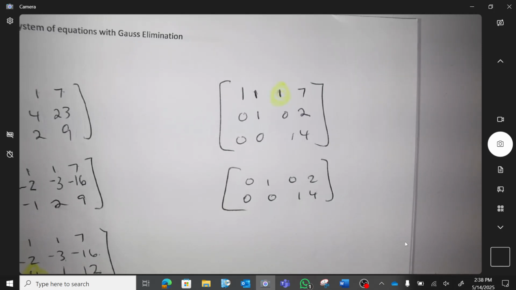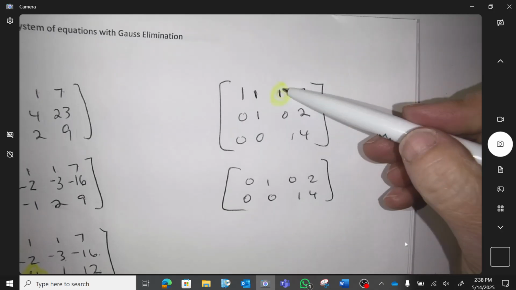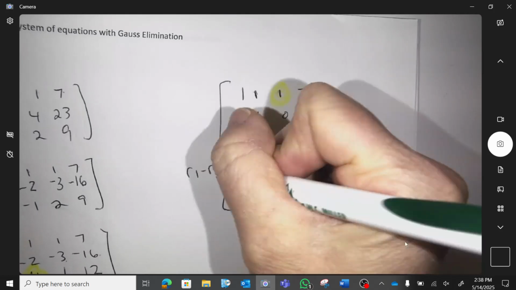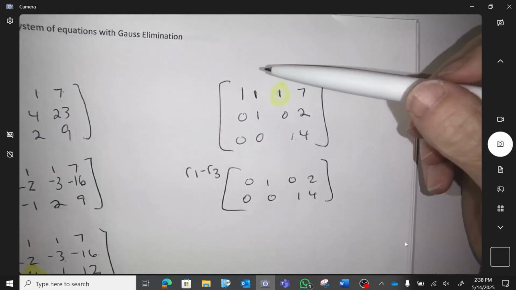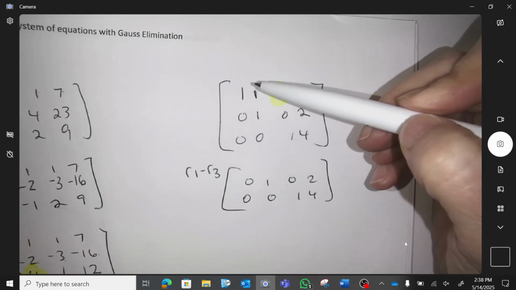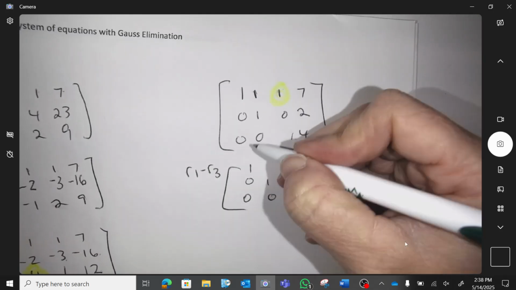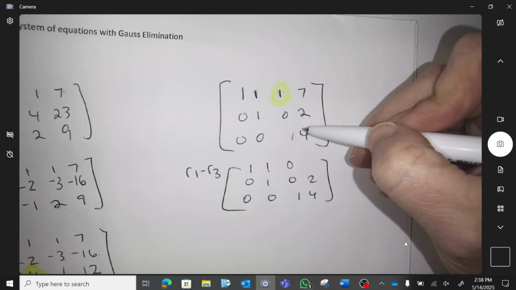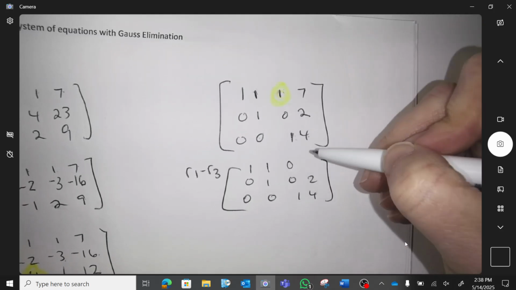I have to pick row 3, right? Have to. So look at that, what would you do? Good? That minus that will do the trick, right? So here we go. 1 minus 0. 1 minus 0. 1 minus 1. 7 minus 4.